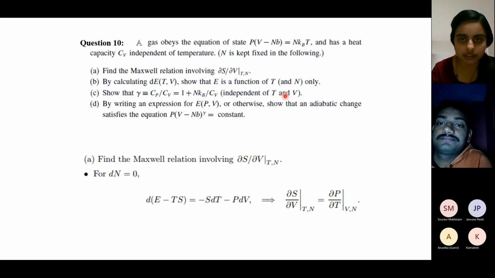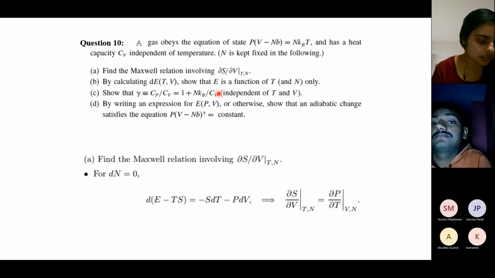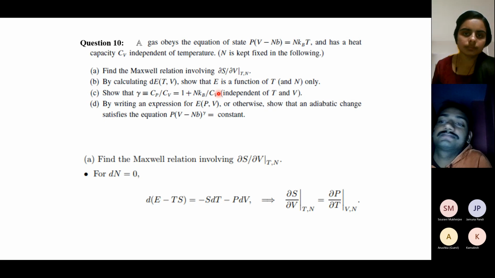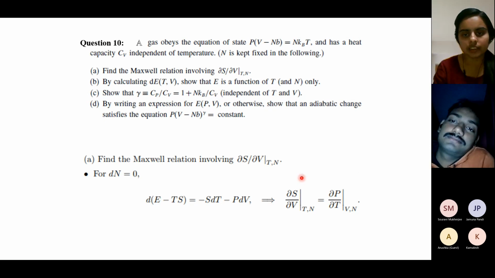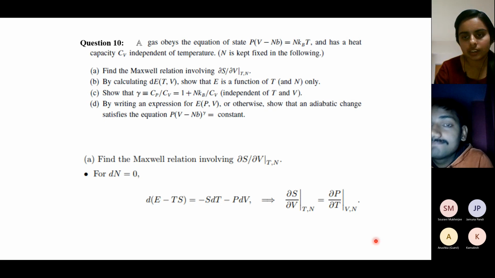Correct. So now you want to show that CV is independent of volume. That means somehow you have to show that del CV by del V is equal to 0. That will explain whether it's dependent on volume or not. Clear? So now if you start from this Maxwell's relation, how do you get del CV by del V?